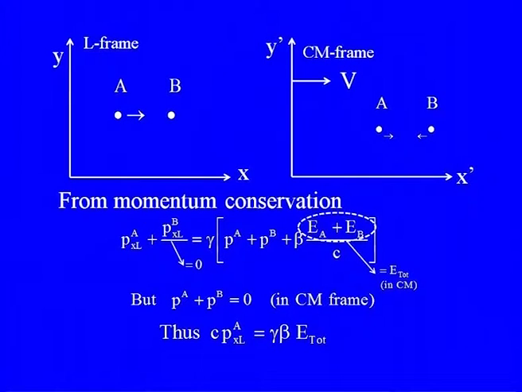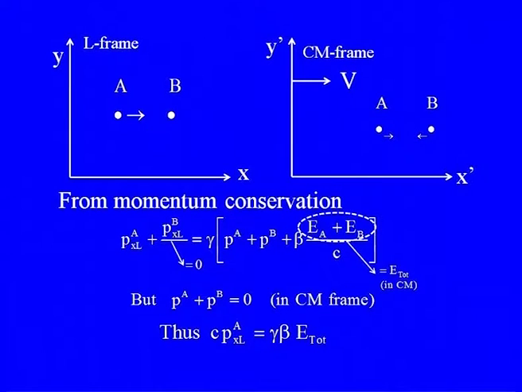What we find is that if we add these 2 quantities in the lab system, and then relate them to what these quantities are in the center of mass system, we add PAx, the x component in the lab system for particle A, and PBxL, the x component of the second particle B in the lab system.